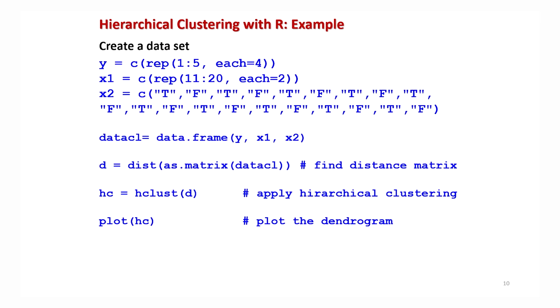Right, now I will try to use this command over an artificially created data set. You can see here I am taking three variables, y, x1 and x2. y is a value replicated from 1, 2, 3, 4, 5, each equal to 4. x1 will be the values 11 to 20, each replicated 2 times. I am trying to show you that some values are going to be similar, because in 1 to 5, if you use the argument each, each of the numbers is repeated 4 times.